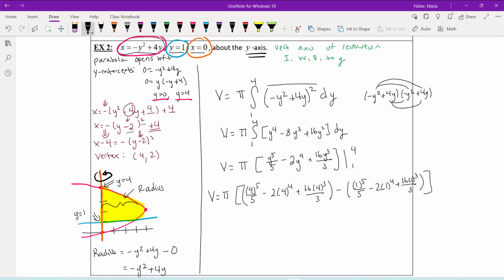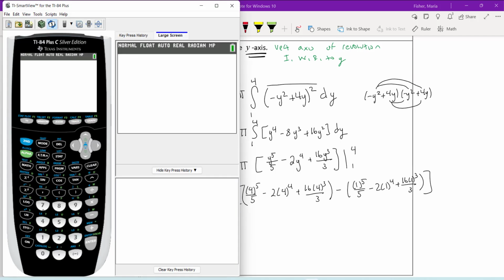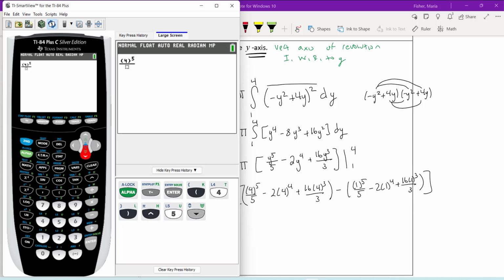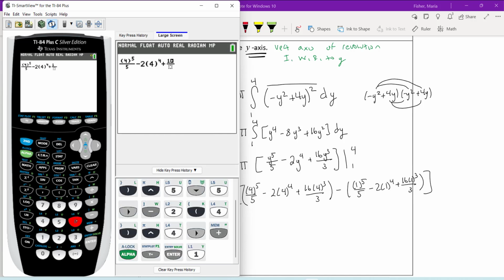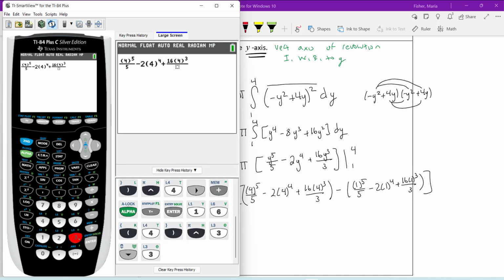Plugging that into a calculator, we would use the fraction template with a numerator and denominator, and then it's 4 to the fifth divided by 5, and then minus 2 times 4 to the fourth plus a fraction with 16 times 4 to the third divided by 3.